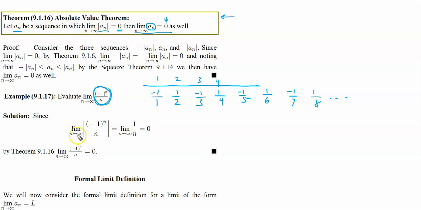Notice that if we look at the limit as n goes to infinity of the absolute value of this sequence, well, then we can just get rid of the negative in the numerator, so it's just going to be the limit as n goes to infinity of 1 over n, right? Because the absolute value of -1 to the n is just 1. And of course, as n gets larger and larger, 1 over n is converging to 0. And there you go.